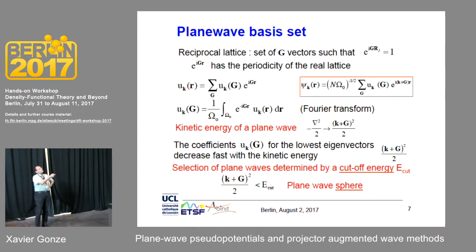Simply, the G vectors are those that fulfill the periodic boundary condition of the primitive cell, e^{iG·R_j} equal to 1. And it can be quickly observed that this forms indeed a basis set for all periodic functions in the primitive cell.